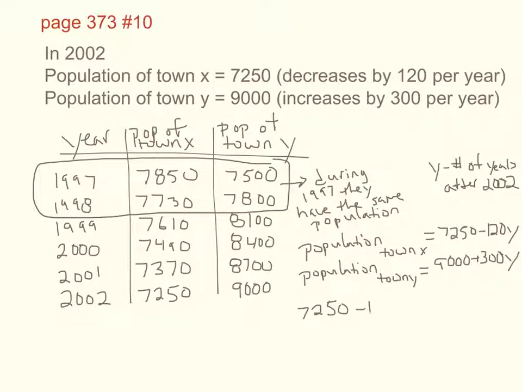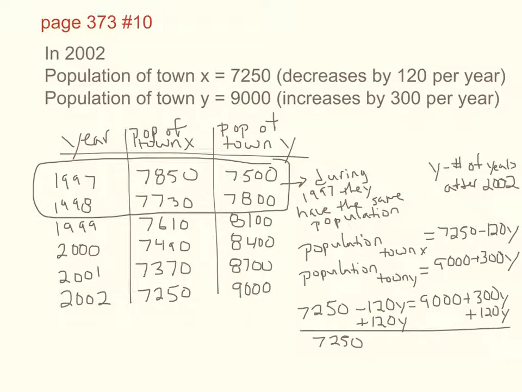So 7,250 minus 120y is equal to 9,000 plus 300y. Well, to solve that equation, y shows up in two places. So I'm going to get rid of the y's on the left-hand side by adding 120y to both sides. We get 7,250 is equal to 9,000 plus 420y.